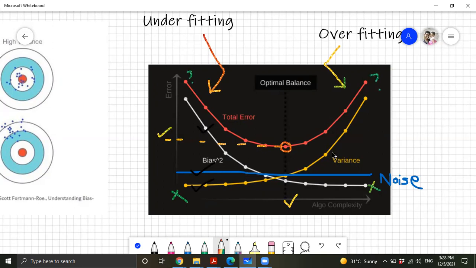The bias and the variance are comparatively low at this point, and at that point we need to choose our model. Now, I believe you got a complete idea about this bias-variance trade-off and how we choose our model according to the bias and variance.